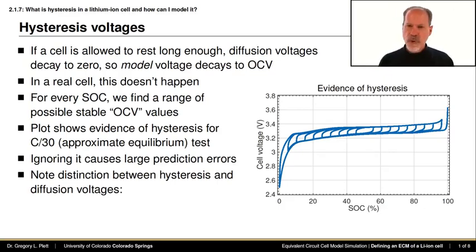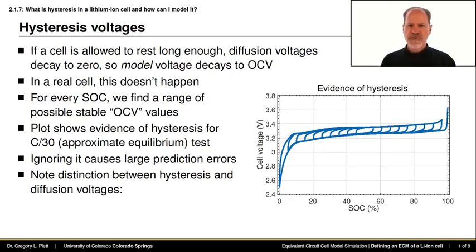And hysteresis is quite different from diffusion voltages in one very important way. And notice this, be very careful to notice this. The diffusion voltages would always cause the cell voltage to decay to some constant value over time if the cell is allowed to rest. And so diffusion voltages change simply as a function of time, if you will.